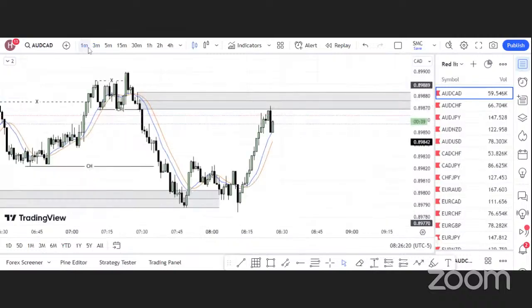So once this closes below the moving average, then we take our sell.